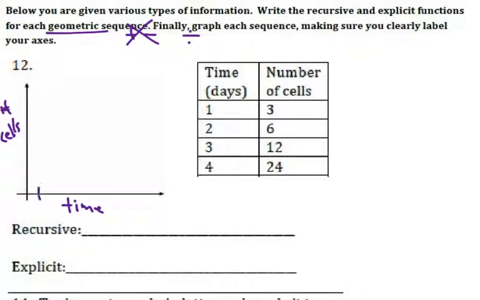Okay, so 1, 2, 3, 4. Now we've got 3, 6, 12, 24. So we're getting up to 24, so we may want to number it a little differently.